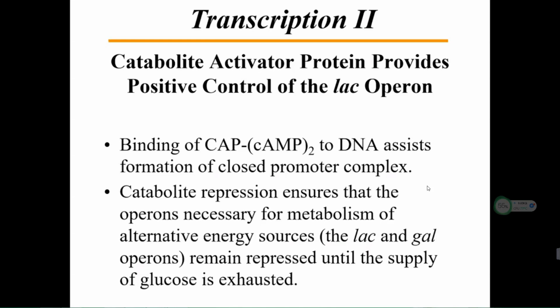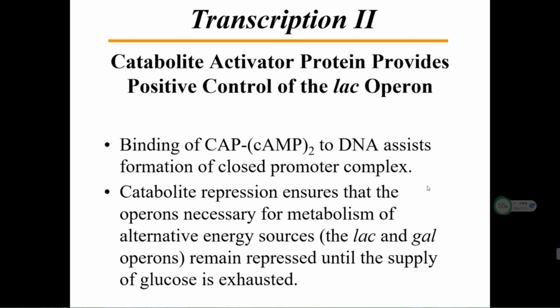This catabolite repression by the glucose will ensure that the operons necessary for metabolism of alternative sources, again, you have examples, the lac and the gal operons, are repressed until the catabolite is exhausted, so until glucose is all used up, and then you can activate the catabolite activator protein.